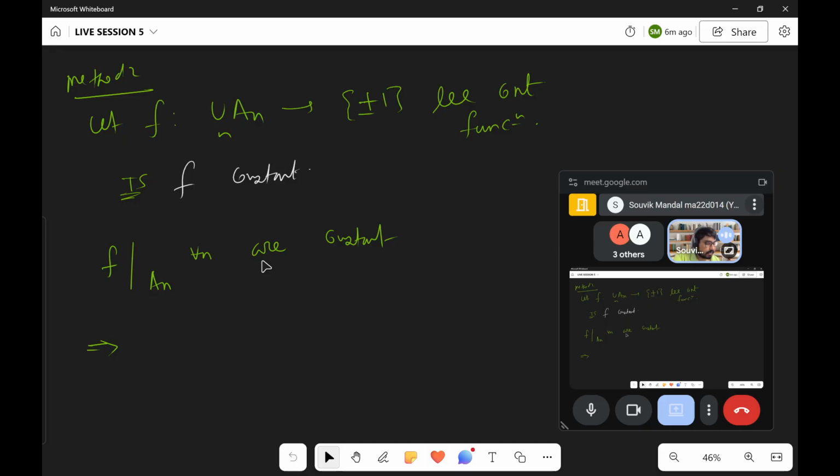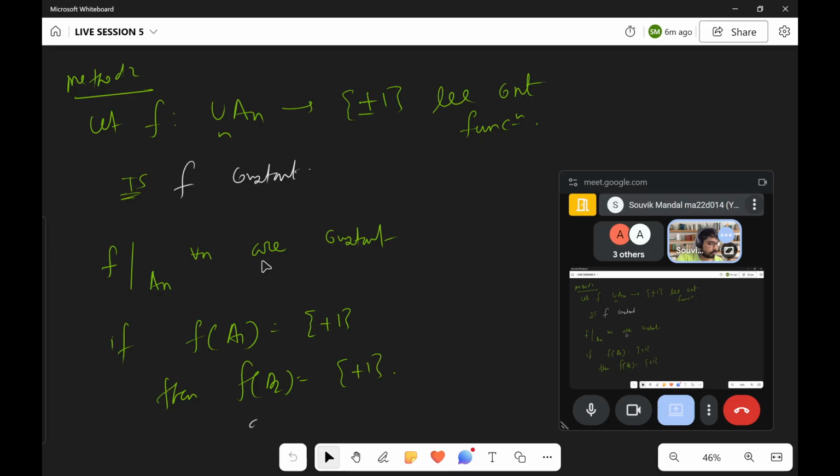This implies that all are constant. So if f of A_1 is equal to plus 1, then f of A_2 has to be plus 1.